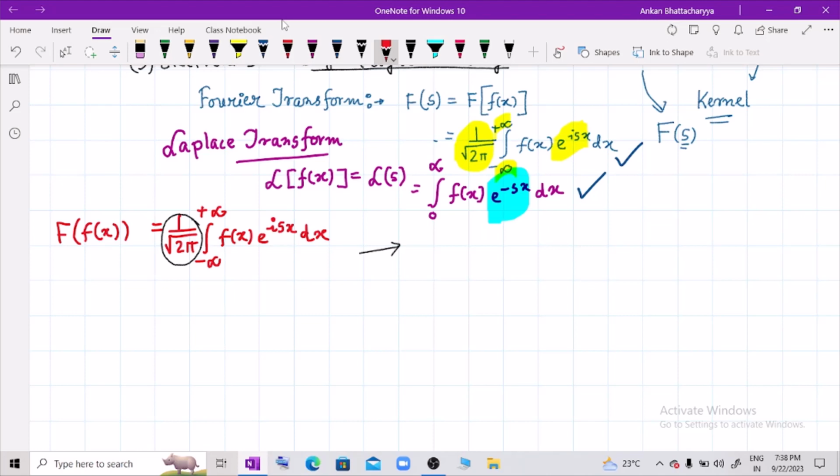At first you have to understand that if you have the function in the s coordinate system and you have to revert this function to the x coordinate system, then how can you do this?